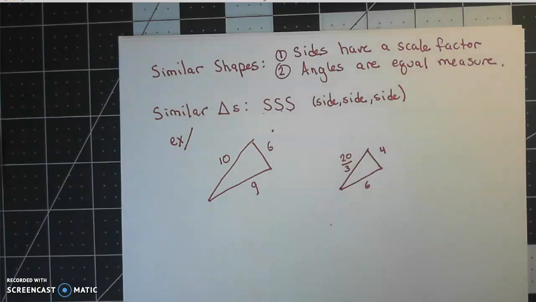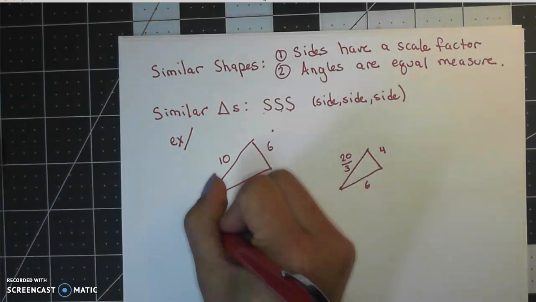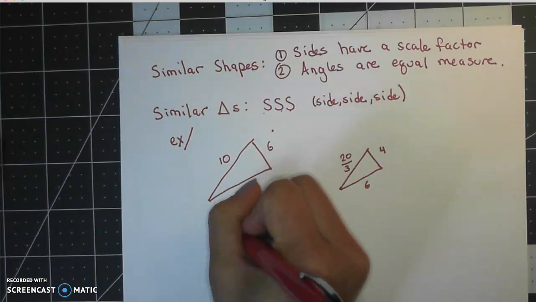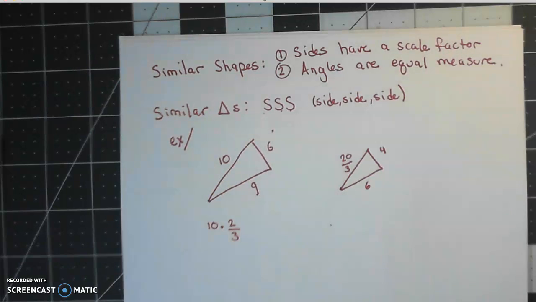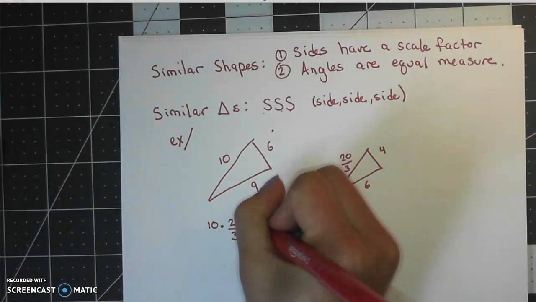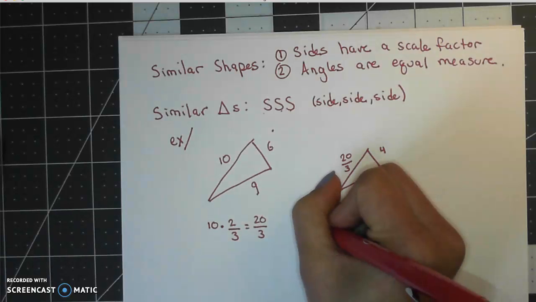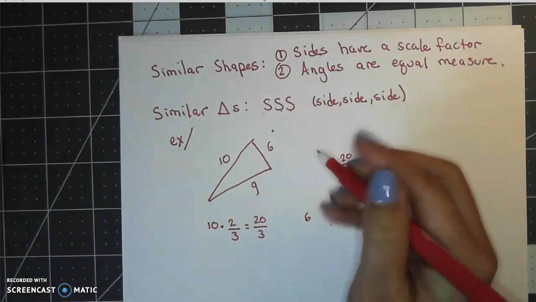So let's see. How do I go from 10 to 20 over 3? Well, I think I'm multiplying by 2/3. 10 times 2 is 20 over 3. Okay. How do I go from 6 to 4? Let's see.